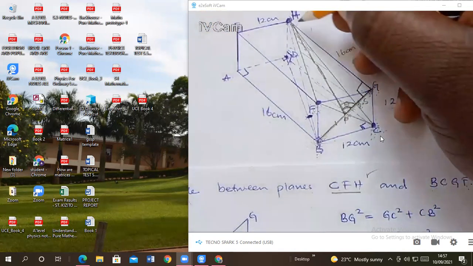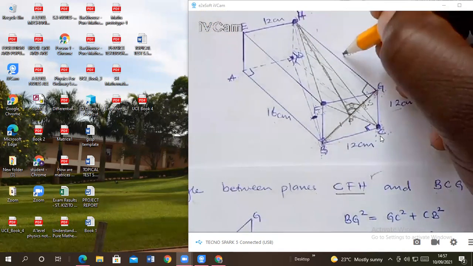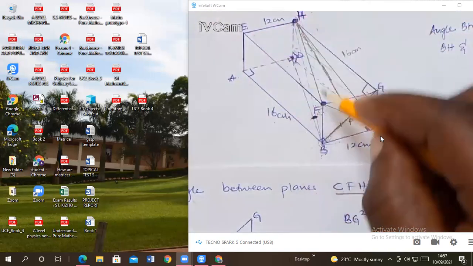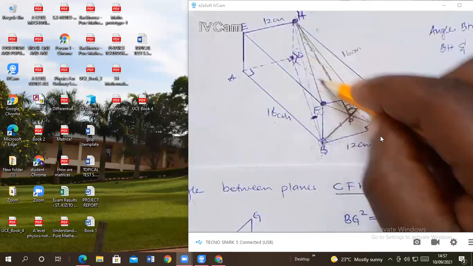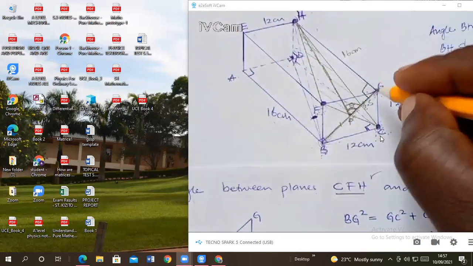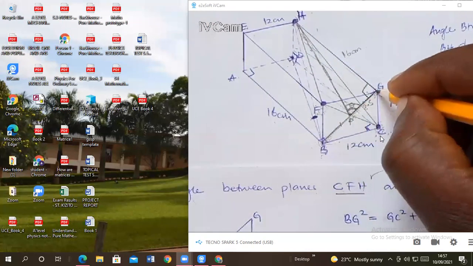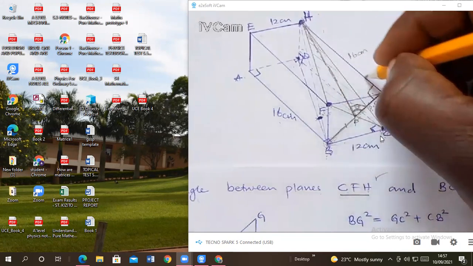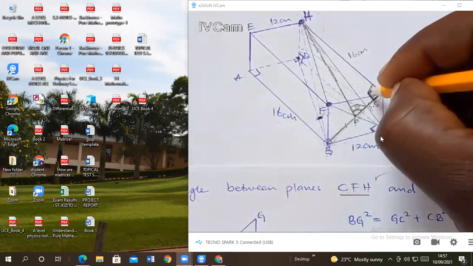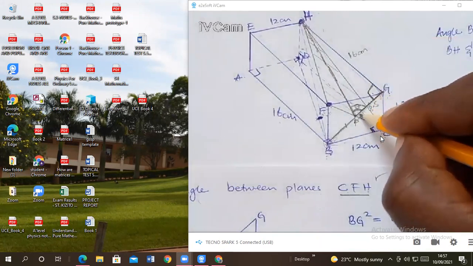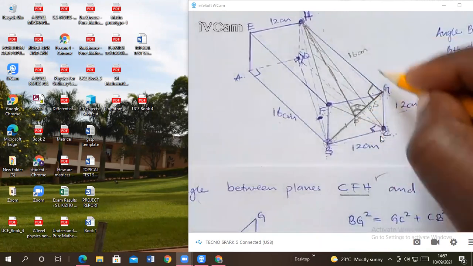And now this GH is 16, because if this is 16, this is also 16, and also the one down there is also 16. And you should know that this line here meets this line HG at 90 degrees.